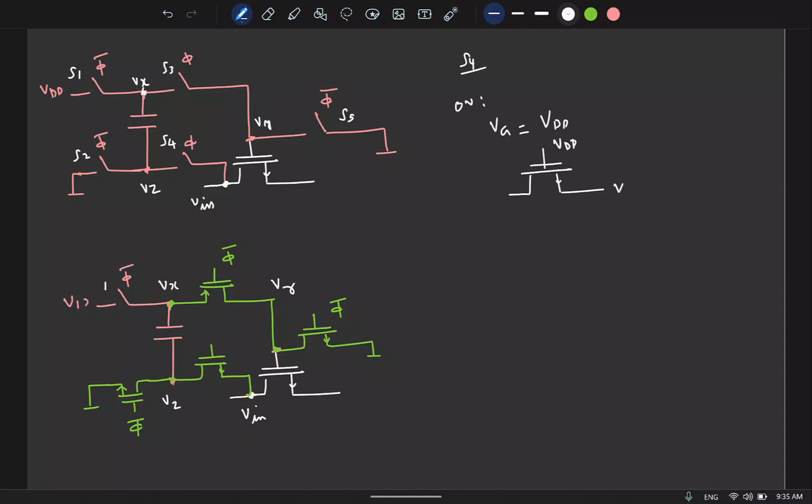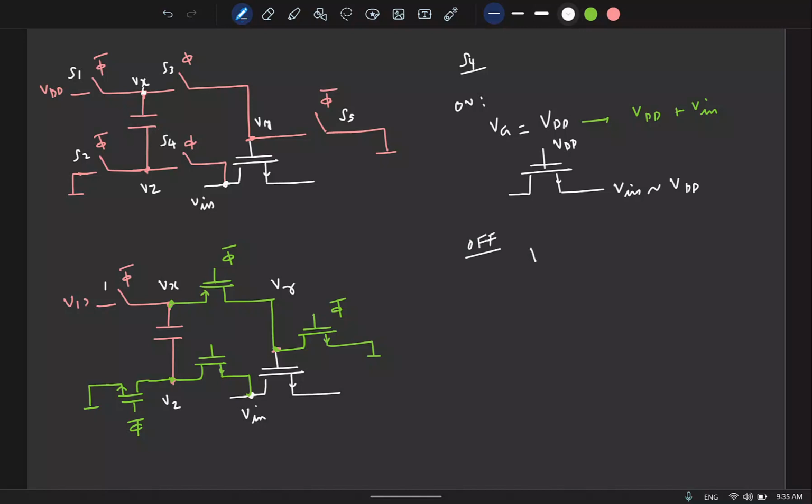That is not enough to turn the switch on, and Vin can be close to VDD. So this gate voltage of VDD will not be enough to turn it on. So in principle, if I have this node at VDD plus Vin, that should work.